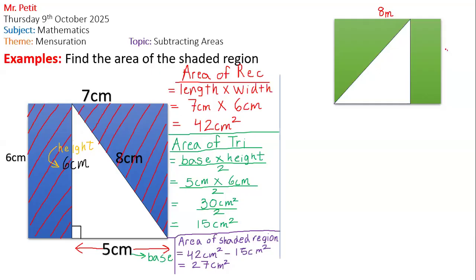Let's say that this is 9 meters. Let's say that this is 6 meters. So we're gonna go from here to here. Let's say that this is also, well, if this is 9 meters, then this is also gonna be 9 meters. And let's say that the inside is 12 meters.